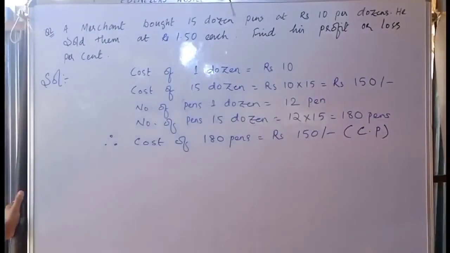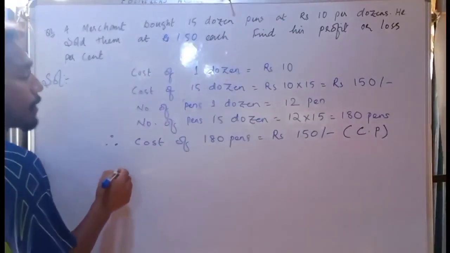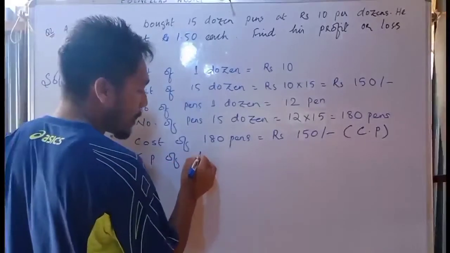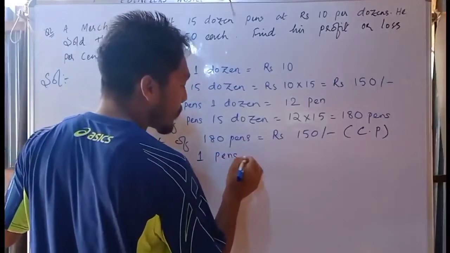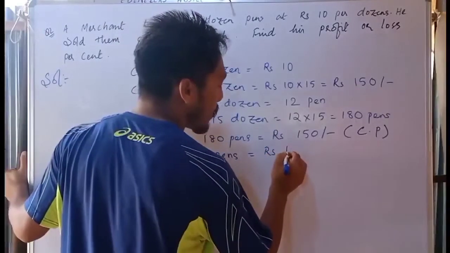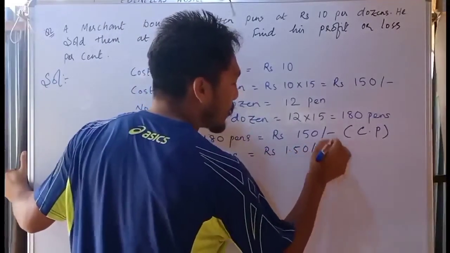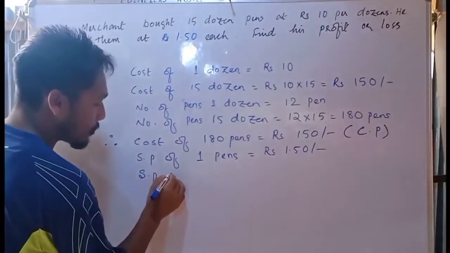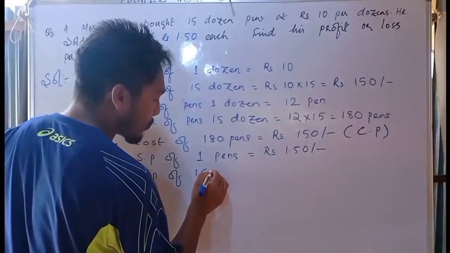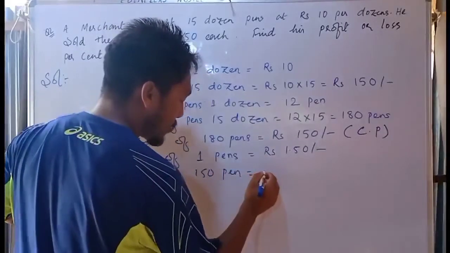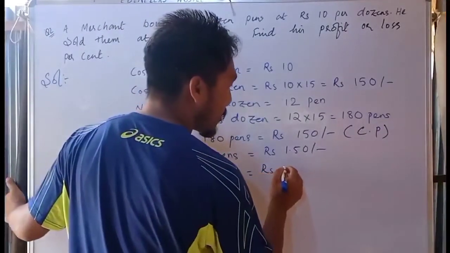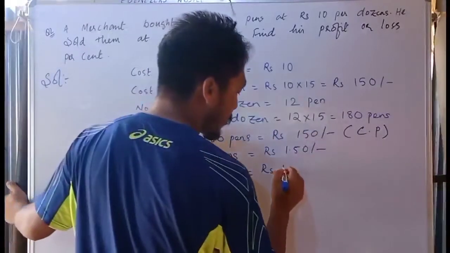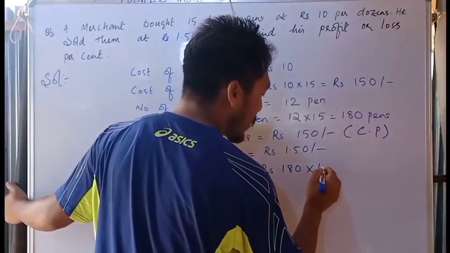Now we have to sell each pen. The selling price of 1 pen is rupees 1.5. We are going to sell 180 pens, so the selling price of 180 pens is 180 into 1.5.